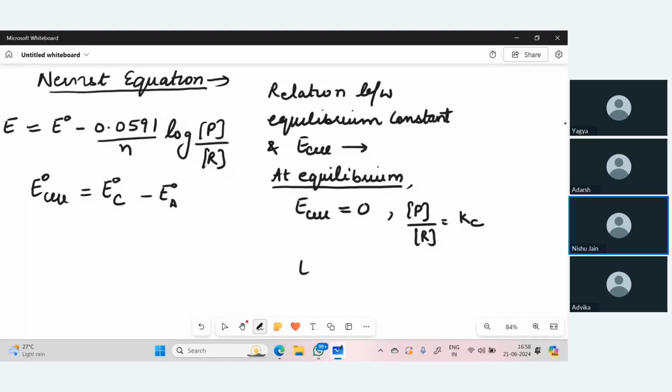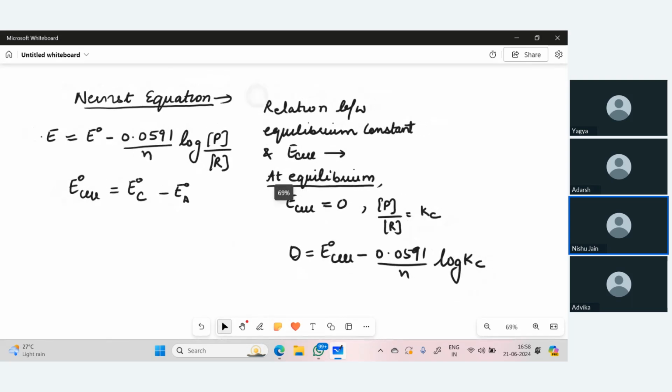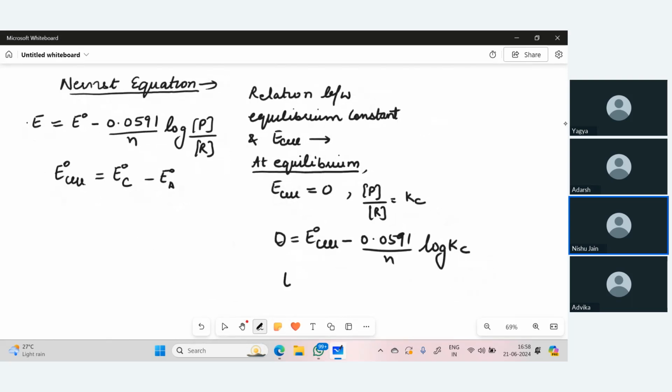So if you substitute in the Nernst equation, what does it become? 0 is equal to E naught cell minus 0.0591 by n log Kc. I think we have done this one, no? So E naught cell comes out to be 0.0591 by n log Kc.